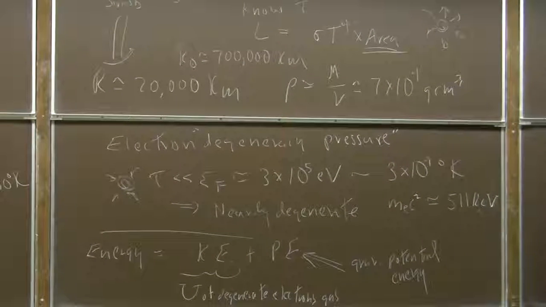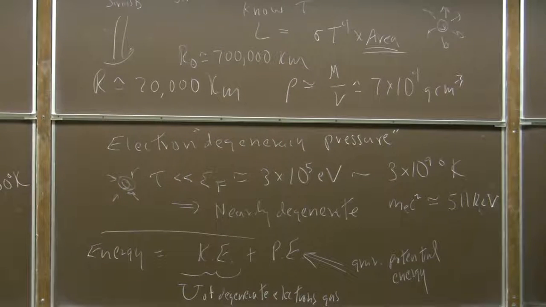I can say it's minimized at a value of r, which up to factors of order 1 is going to be 1 over G m squared, h bar squared over m_e, mass over proton mass to the 5/3.